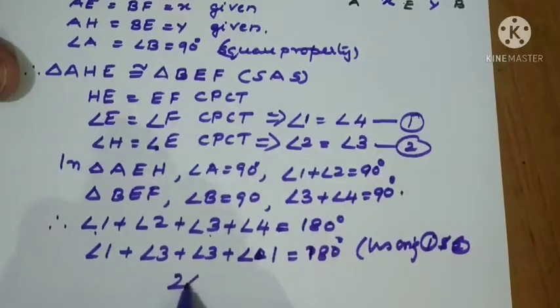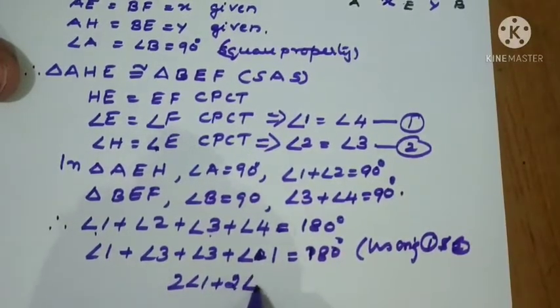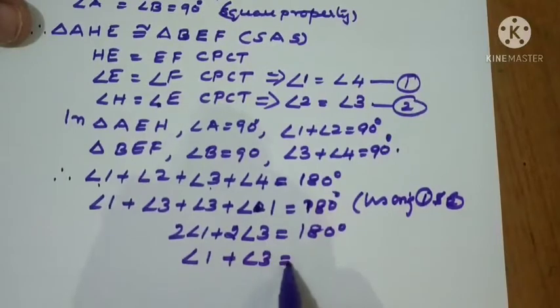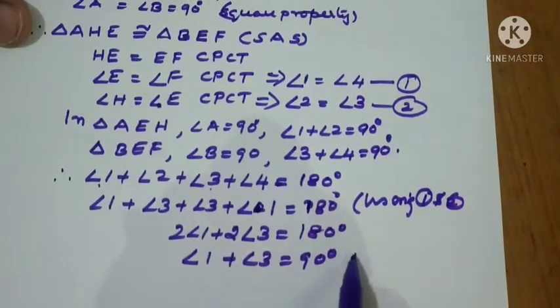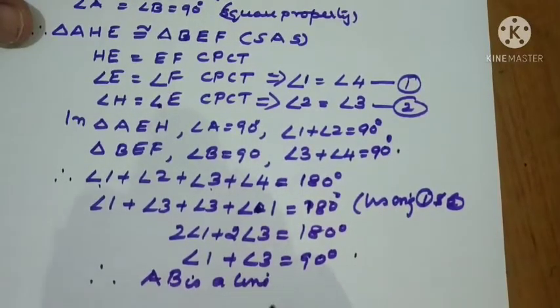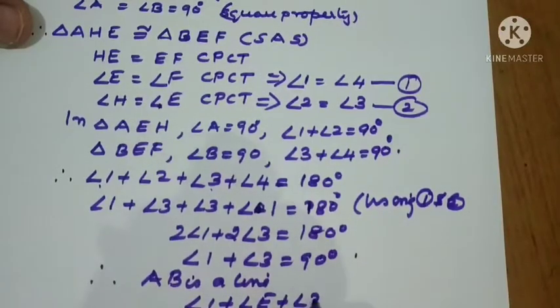So 2 times angle 1 plus 2 times angle 3 equal to 180. Or we can say angle 1 plus angle 3 equal to 90 degrees. Therefore, AB is a line, angle 1 plus angle E plus angle 3 equal to 180.